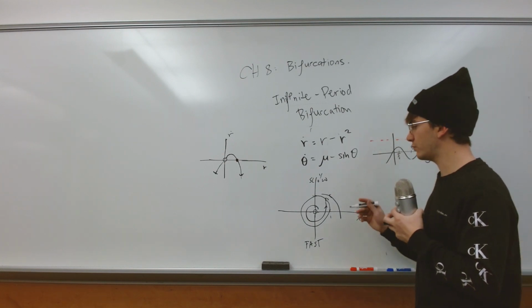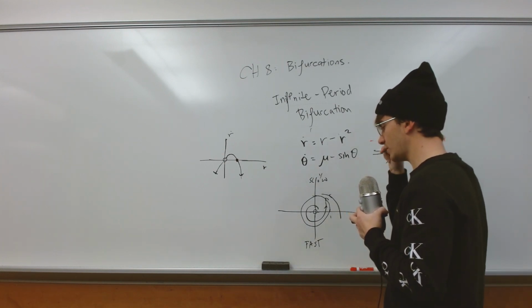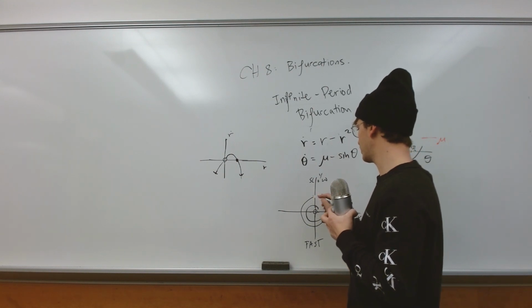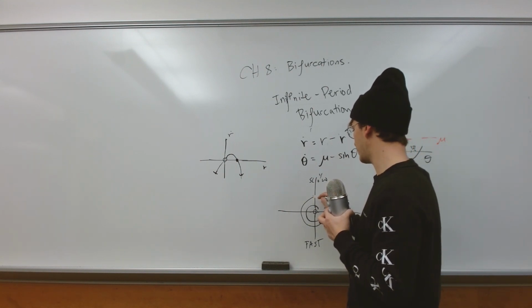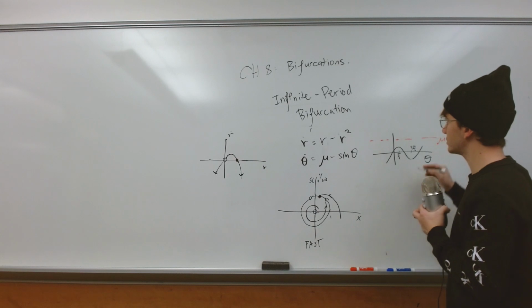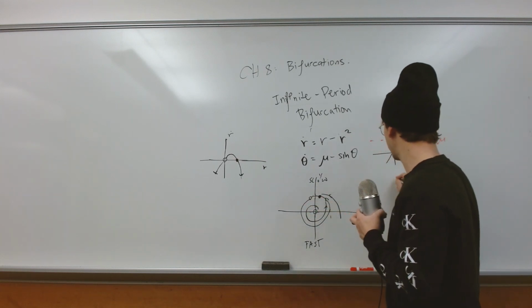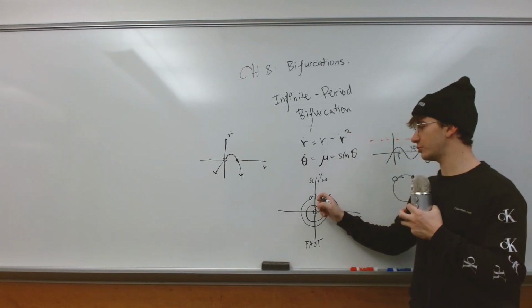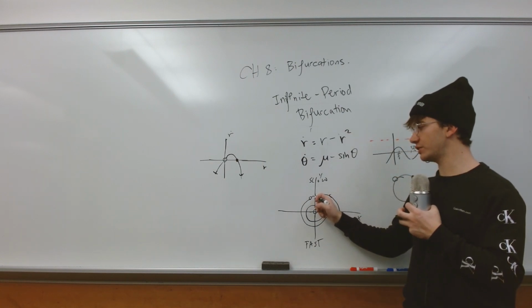And then finally, once I bifurcate, I'm going to get a fixed point being born, like here. I'm going to get a stable fixed point and an unstable fixed point on this limit cycle, precisely like how I drew before.